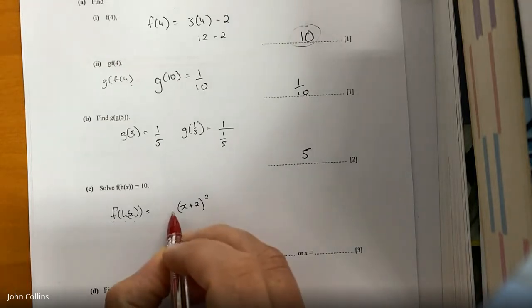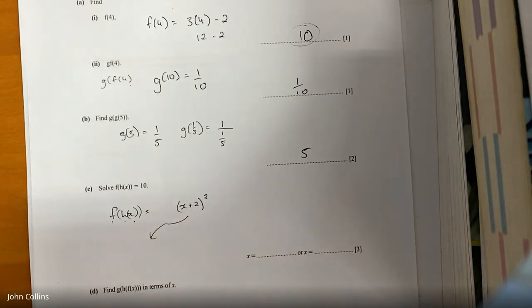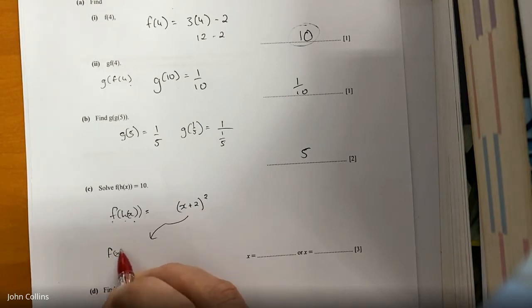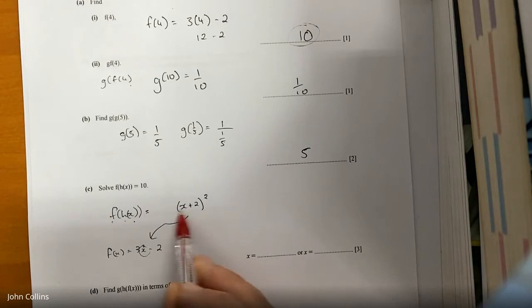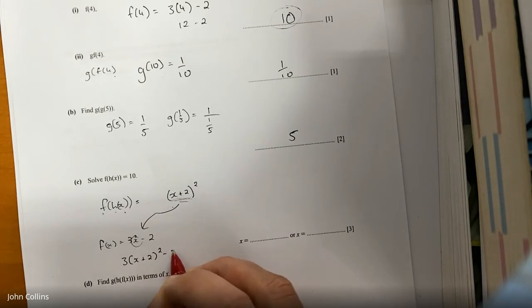All right, so that's the h of x function. That needs to go into f of x. So f of x is normally, I'll write this, you don't have to, 3x minus 2. So instead of x, we've got to put this thing in. So it's going to be 3 times x plus 2 squared minus 2.